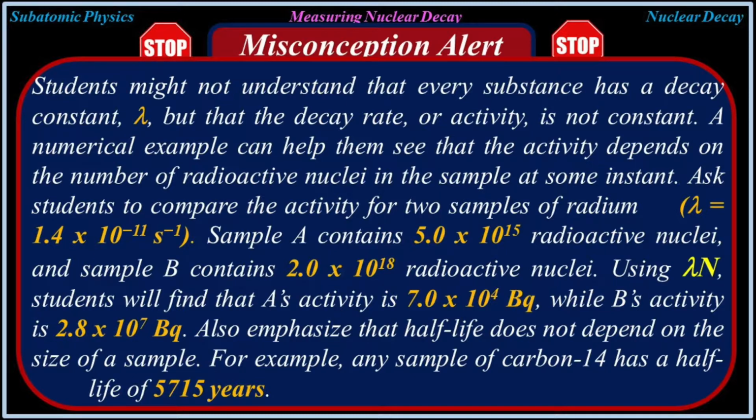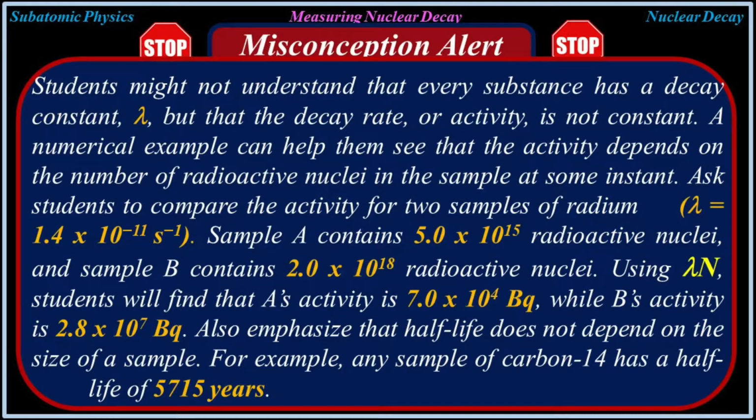Sample A contains 5.0 times 10 to the 15 radioactive nuclei, and sample B contains 2.0 times 10 to the 18 radioactive nuclei. Using lambda N, students will find that A's activity is 7.0 times 10 to the 4th becquerel, while B's activity is 2.8 times 10 to the 7th becquerel.